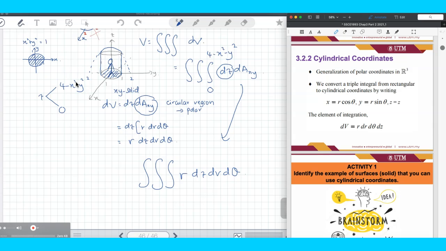So your new z in polar or cylindrical becomes 4 minus r squared, because x squared plus y squared is r squared. So that's why we have 4 minus r squared. Then we substitute the limit of z in terms of r and theta: 0 to 4 minus r squared. And how about the limit of r and theta?